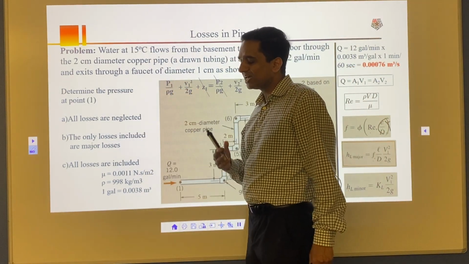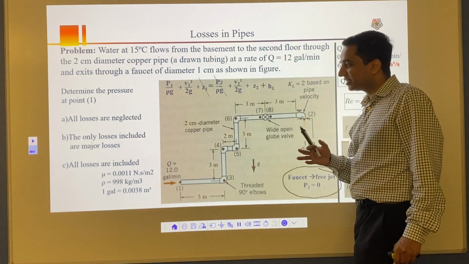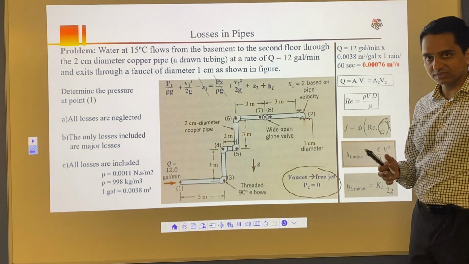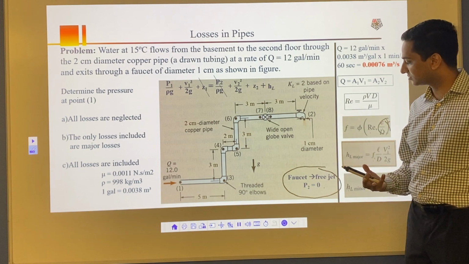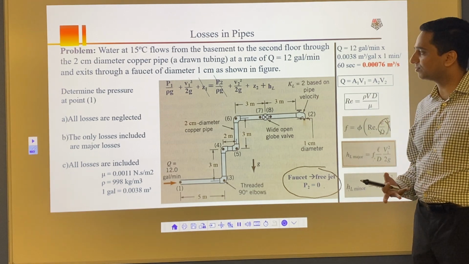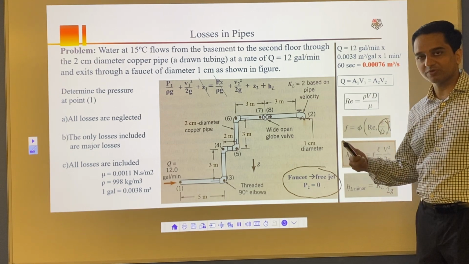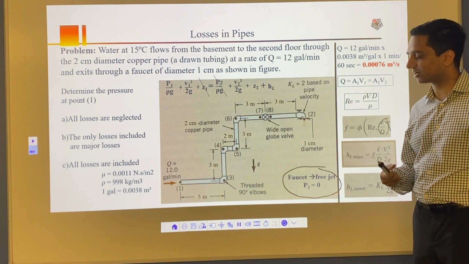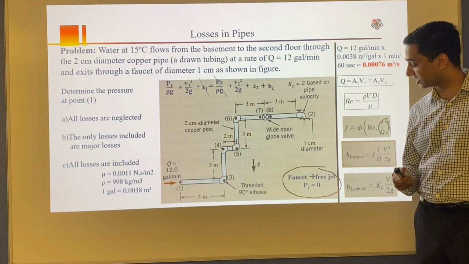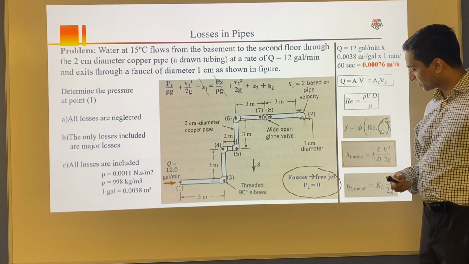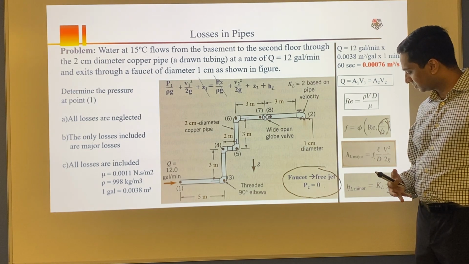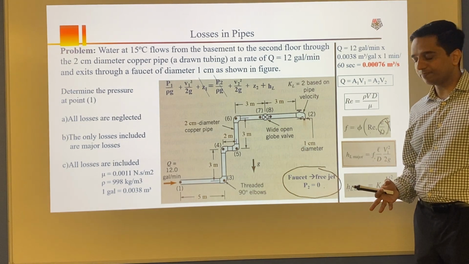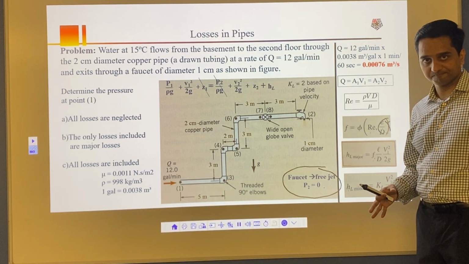That's the problem. This problem is very easy, but there are so many calculations, and that's why you need lots of practice. If you don't practice before the exam, for this kind of problem you are not going to get right answers. You have to practice, see what you are doing, and understand everything. So at this point, I ask you to pause the video and do these calculations.